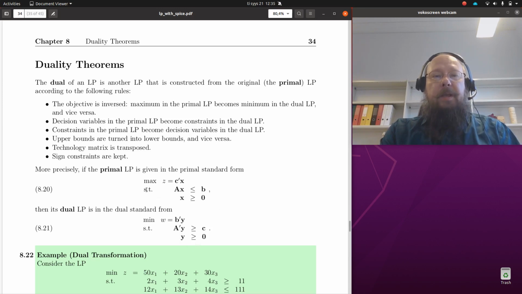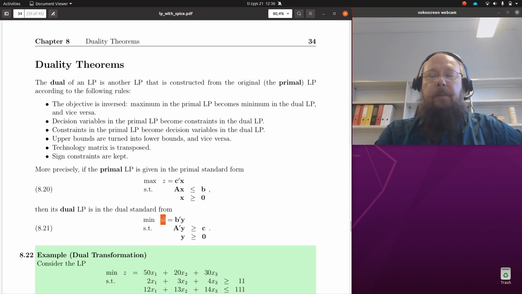So maximization turns to minimization, okay. Here I use z just to denote the solution of the maximum, so since that's used there, let's use something else for the minimum, and usually it's denoted by w. Here we had c transpose x.